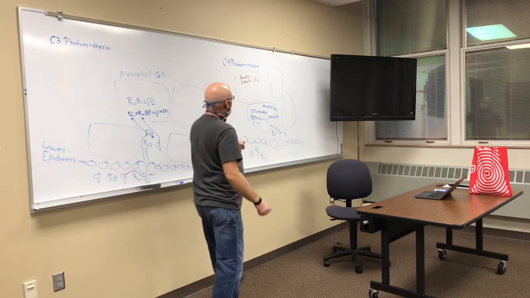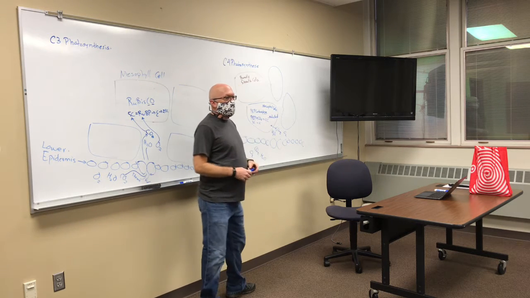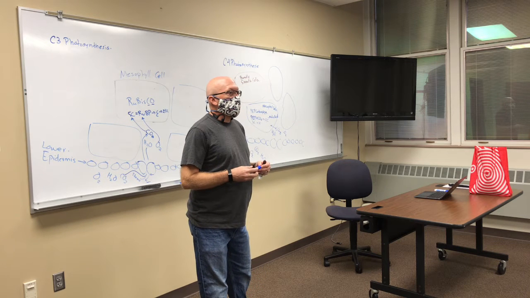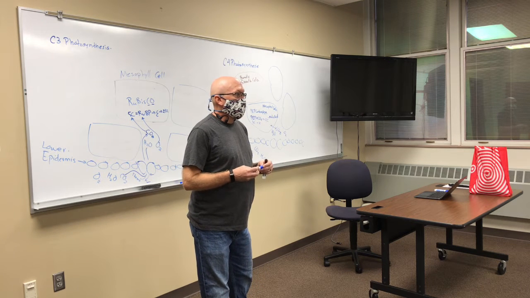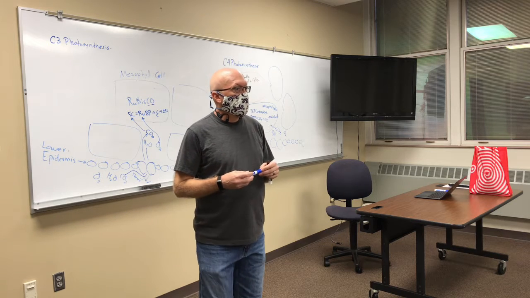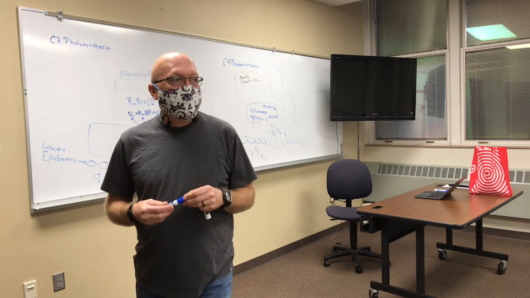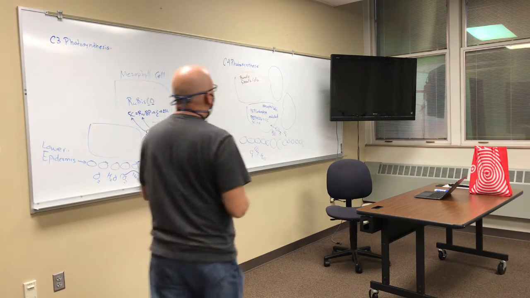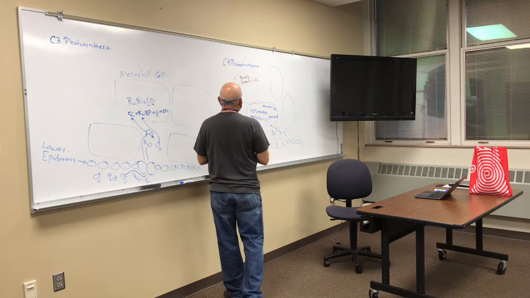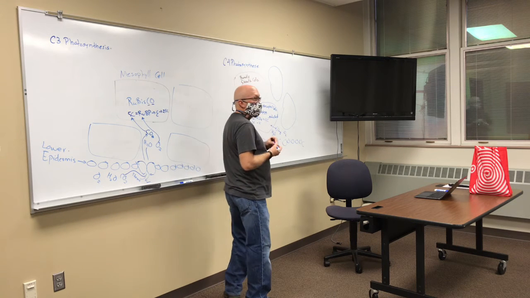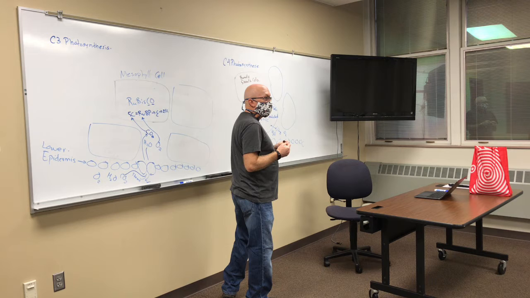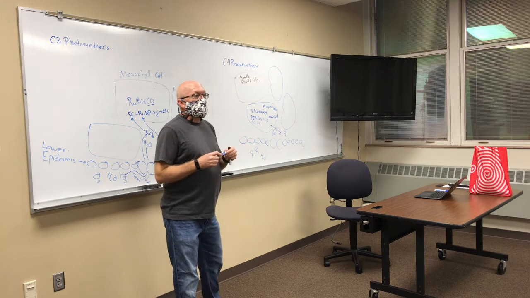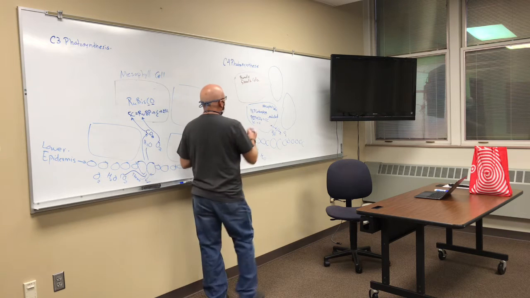Where do you want that carbon dioxide to ultimately be? In your bundle sheath cells. You want it to be in the bundle sheath cells because what enzyme is in the bundle sheath cells? Not carboxylase, but Rubisco. Rubisco is in here.